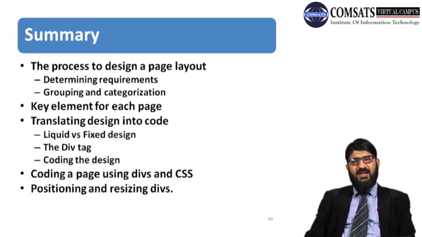For that, we have seen a detailed example in which we have discussed each and every line of the code for divs, and then we have reviewed our code output.